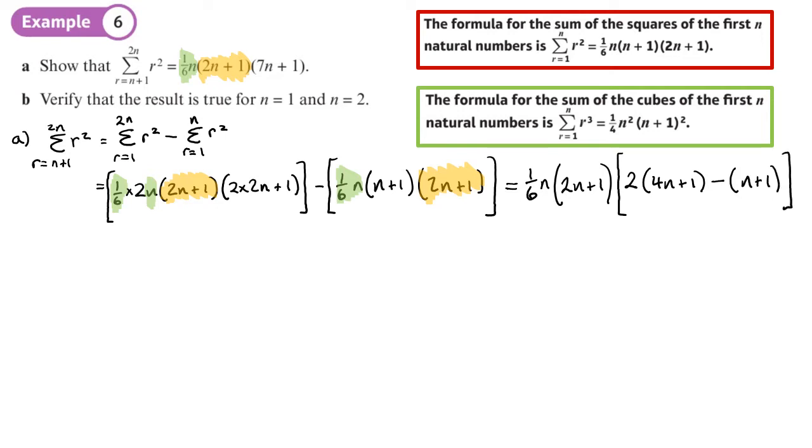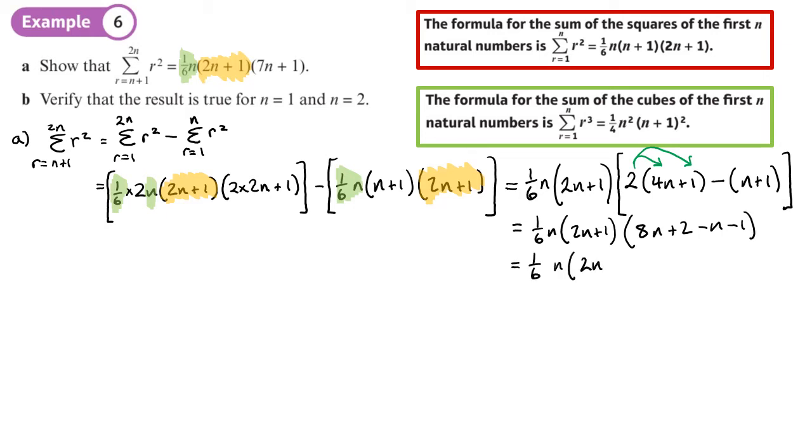Now you'll see that we've pretty much got the answer, and this would be much quicker than trying to expand all the brackets and refactorize it. You'll be there for ages. Right, so in the brackets then, if I expand the brackets here, we're pretty much almost finished. So 1/6 n, 2n plus 1. In the brackets, we'll multiply that out, so we'll have 8n plus 2 minus n minus 1. So what are we left with in the brackets?